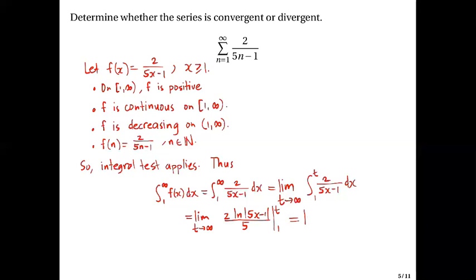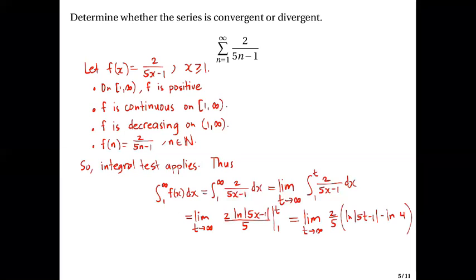And this is equal to the limit as t approaches infinity of 2 over 5 quantity: at t, you have ln absolute value of 5t minus 1, minus at 1, you have ln of 5 minus 1, which is 4.